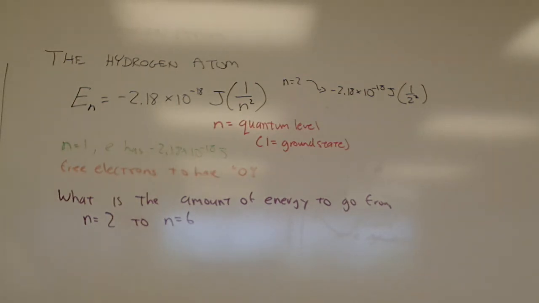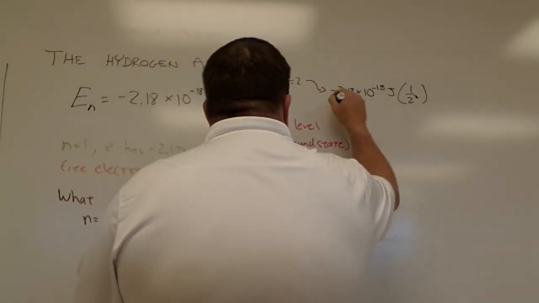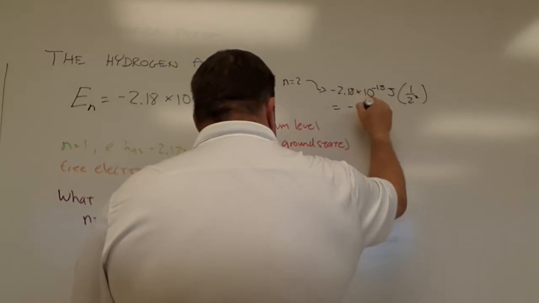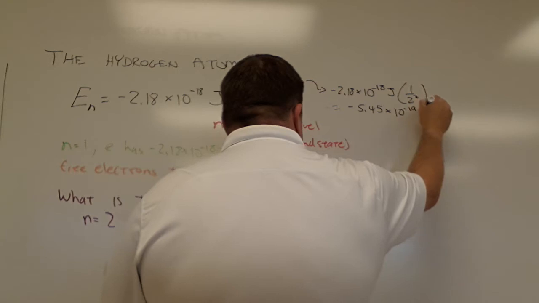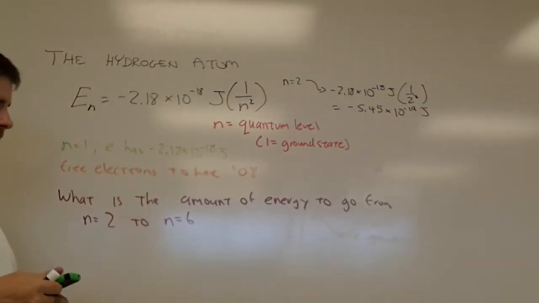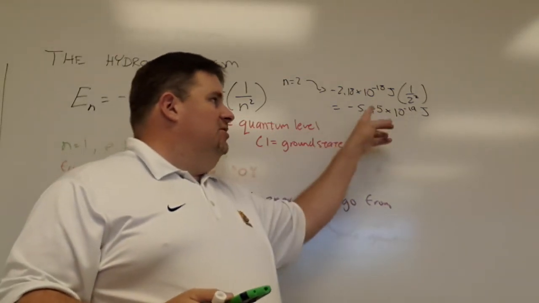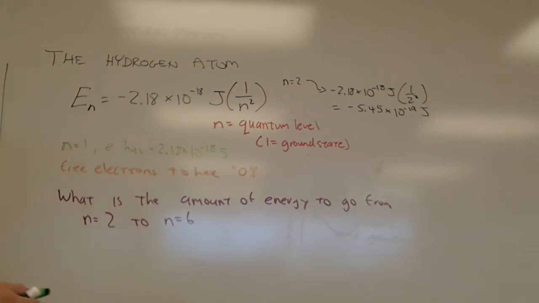The energy value associated with this is minus 5.45 times 10 to the minus 19th joules. Now look at that value, and does that make sense? Did this value get smaller? Does this look like this is about a quarter of that value? Yes. All right, good. So it's a smaller number.